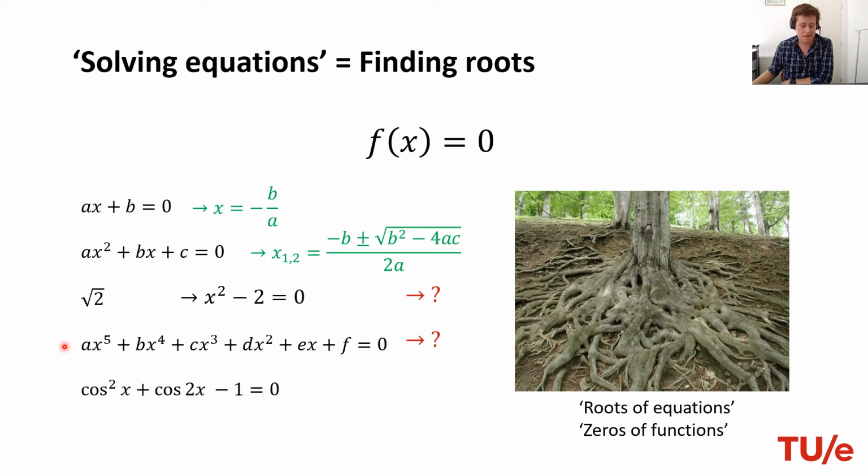Or even slightly more exotic, let's say we have some trigonometric functions in there, or this could be logarithmic or exponential functions. How do we solve such an equation? How do we find x such that this left-hand side is equal to 0? Again, that is not known at this point, but we will discuss that in the following lectures.